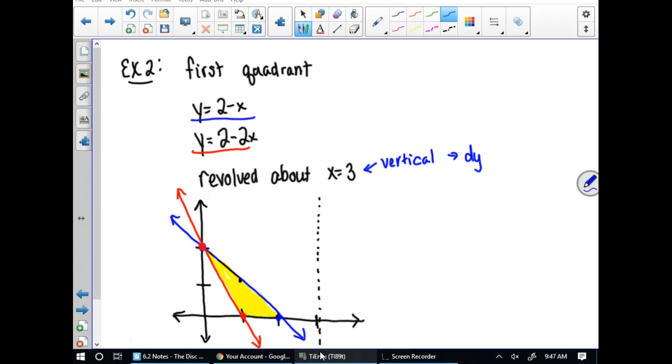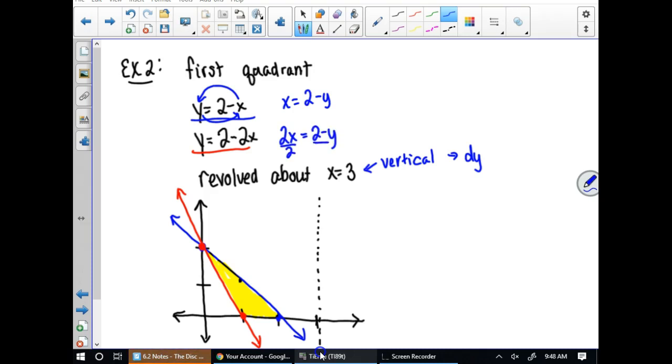So here for this one, I would probably just move the x over here and the y over here. So x is going to equal 2 minus y. And then over here, I'm going to say 2x equals 2 minus y.